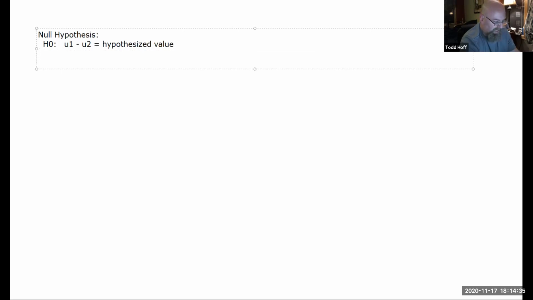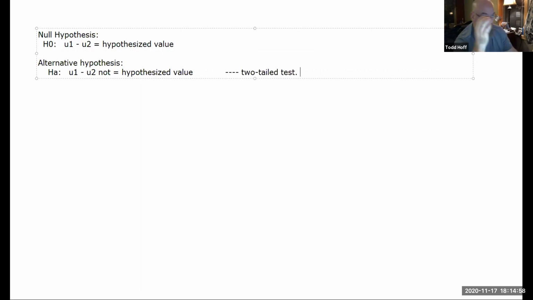That's always our null hypothesis. The alternative hypothesis, HA, could be that mu1 minus mu2 is not equal to that hypothesized value. Of course, this is a two-tailed test, which means we reject if we get a test statistic or value from our samples that's either too small or too large compared to that hypothesized value.